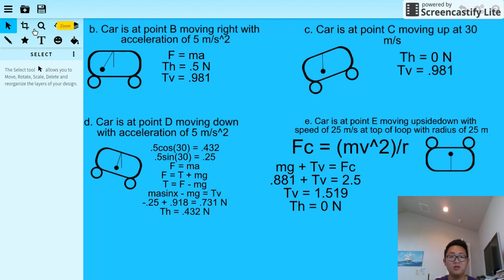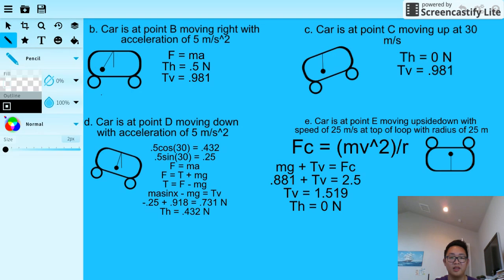So for part B, the cart is moving to the right with an acceleration of 5 meters per second squared. So all we have to find is the net force on this ball. And to do that, we plug in the mass, plug in the acceleration, 0.1 times 5, that's 0.5 newtons. And that's a net force acting in the horizontal direction.